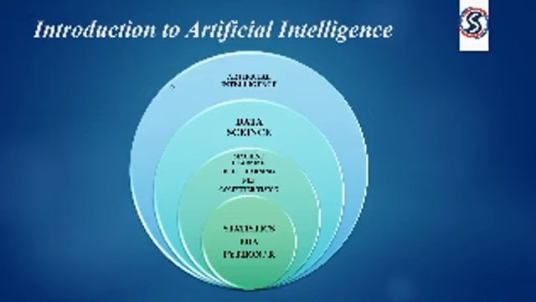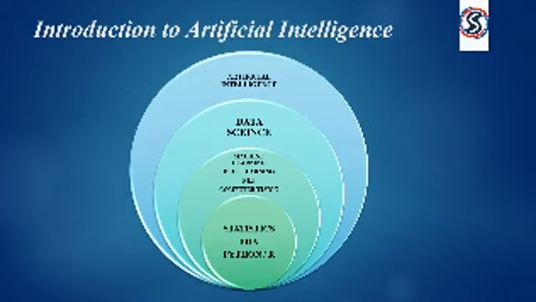We all know that in today's world, technology is growing very fast, and we are getting in touch with different new technologies day by day. One of the booming technologies of computer science is artificial intelligence.